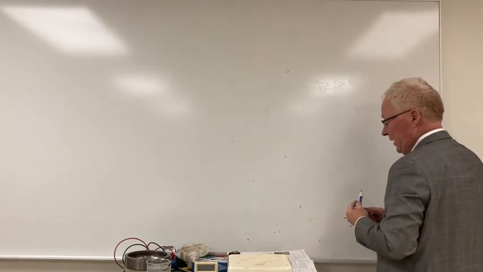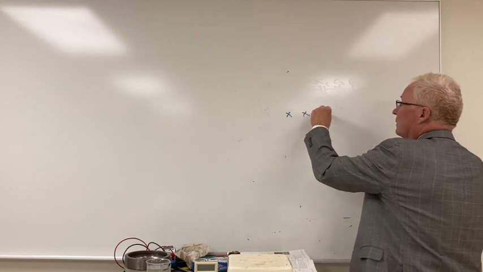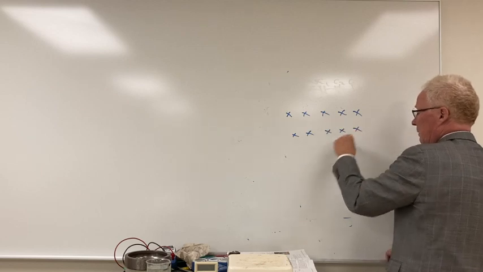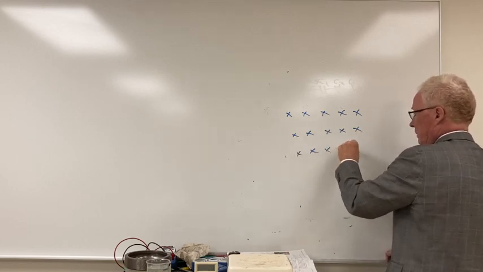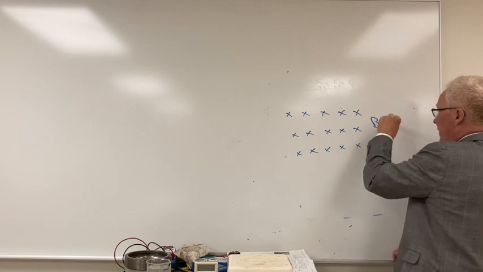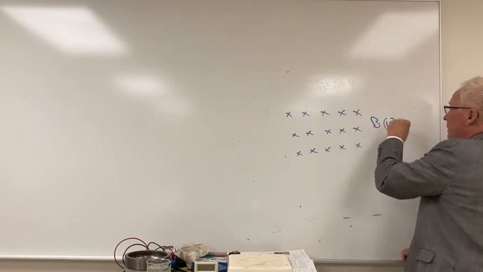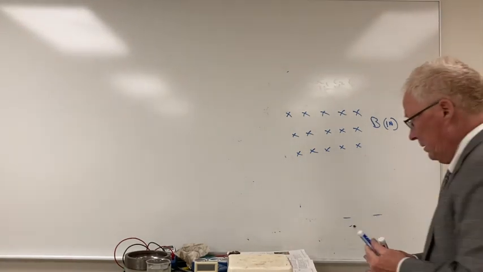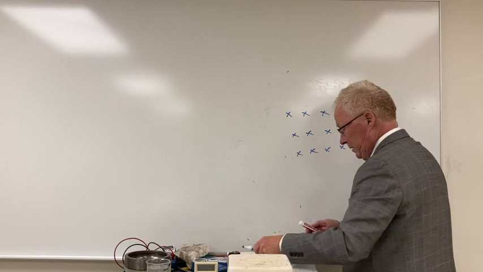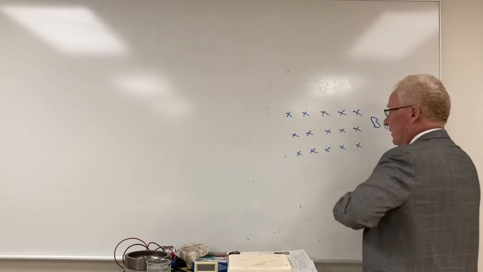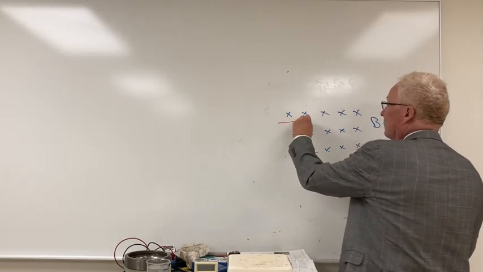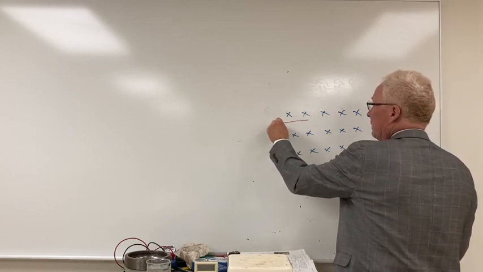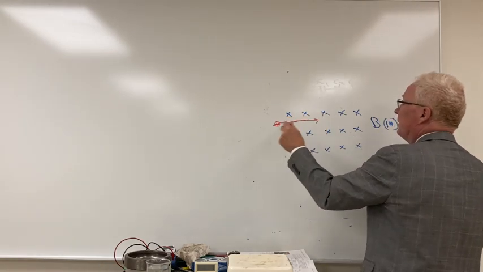So we've got B going in. All right, and we have suddenly a charge, let's use an electron, that comes into this magnetic field.